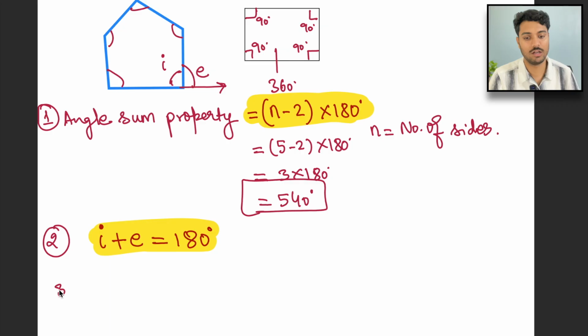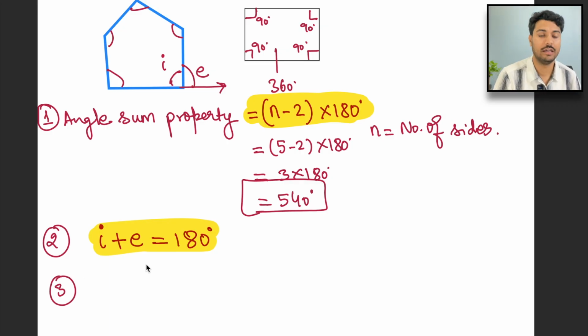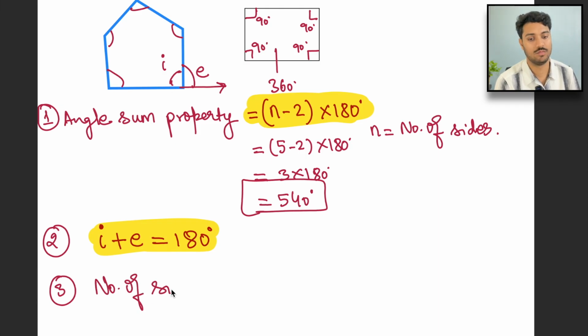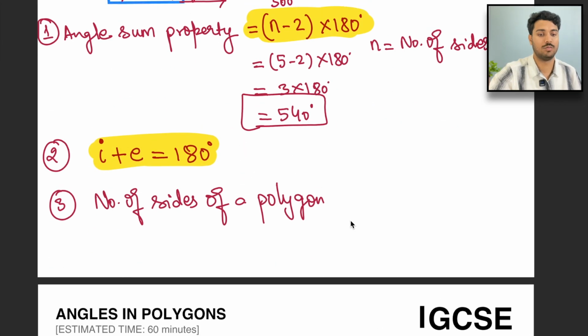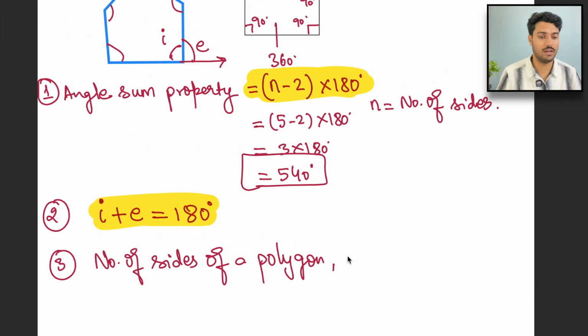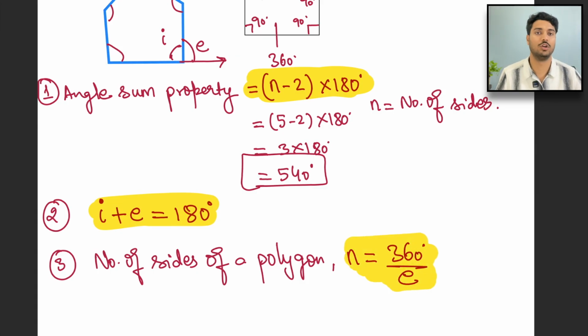And the third formula, to find the number of sides if the exterior angle is known to us. The number of sides n of a regular polygon is n equals 360 degrees divided by E. This formula will help us to find the number of sides of a polygon.